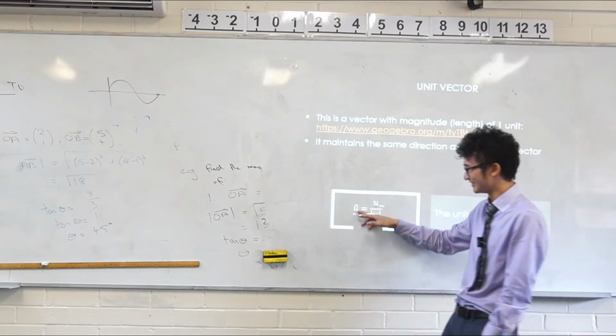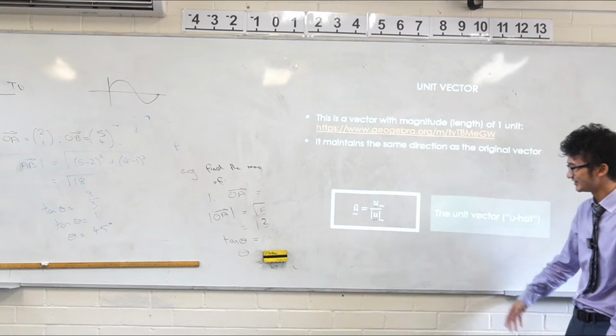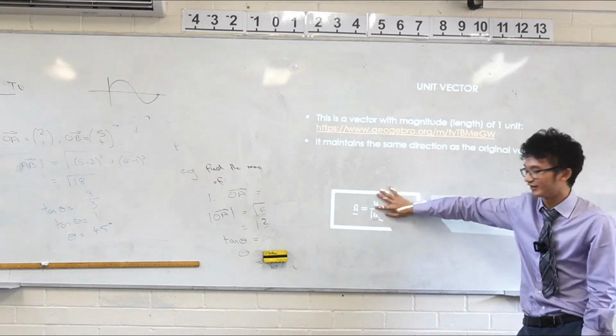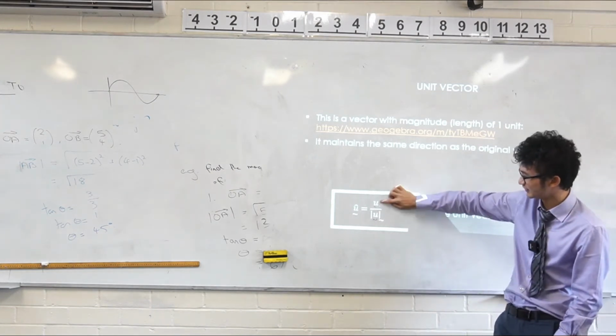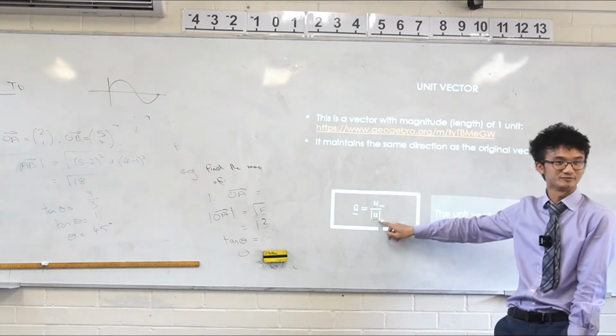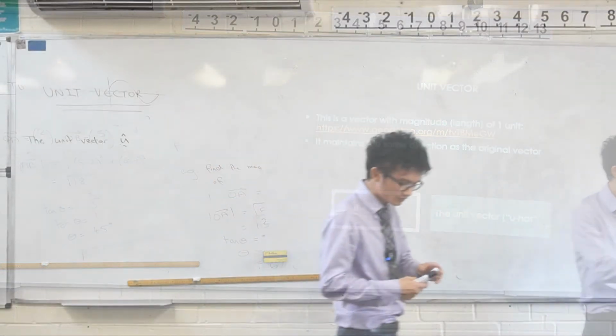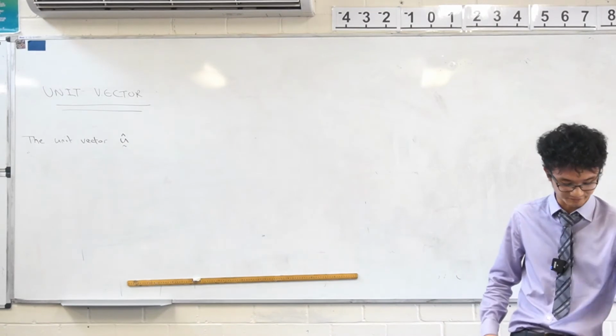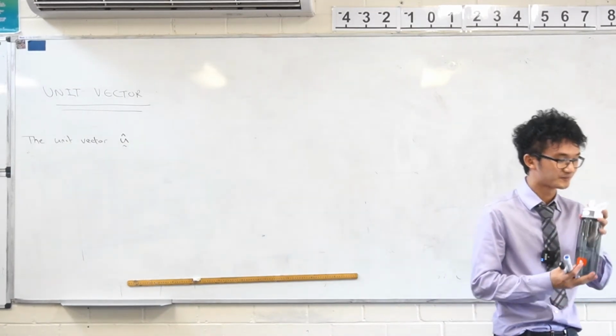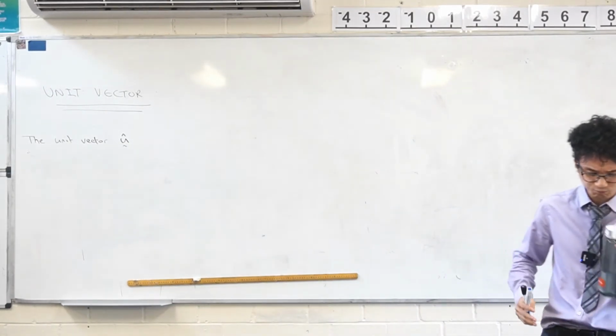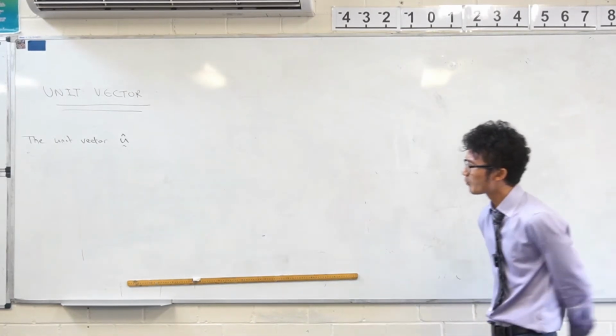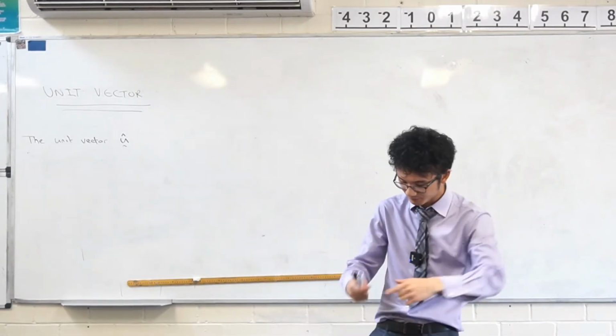But notation: u hat is our notation. Think about what this is saying. You take your vector u and you divide it by its magnitude. That's the idea. What do we define the unit vector as, Carl? Remind me again. Good.